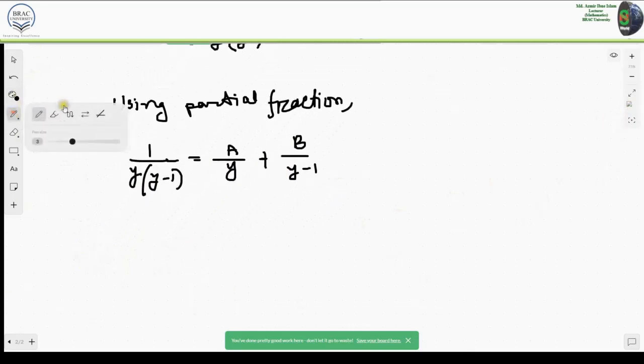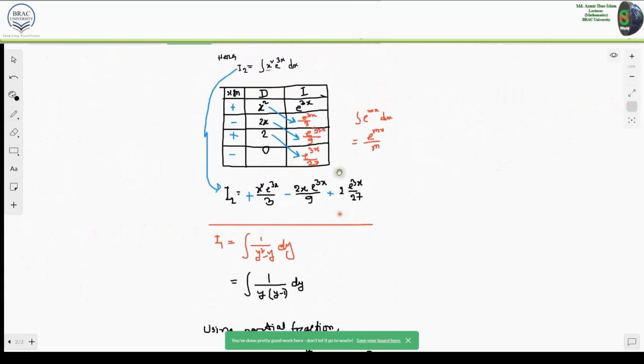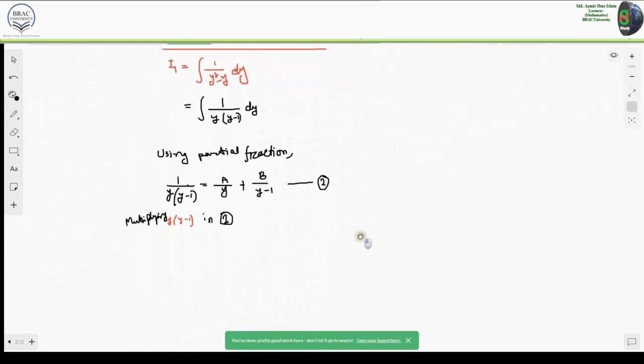So now the second step will be, we have to multiply the left side denominator on both sides. So we are multiplying y times y minus 1 on both sides. This is equation 1 and this is equation 2.